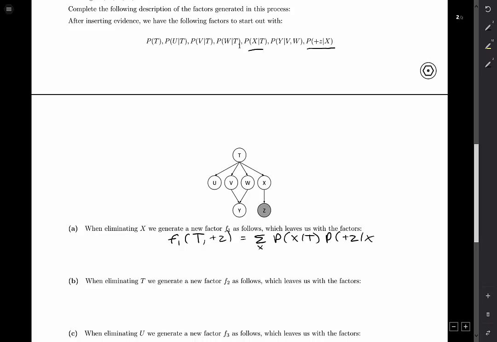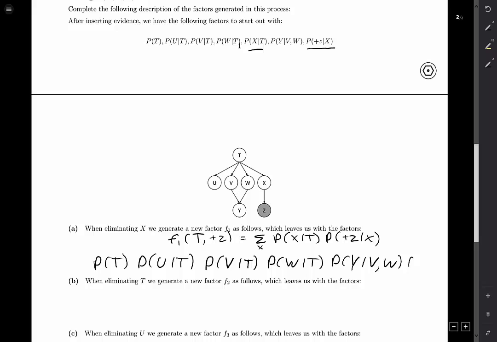And now I need to write the remaining factors, which is everything that's not underlined and my new factor. So probability of t, probability of u given t, probability of v given t, probability of w given t, probability of y given v comma w, and this new factor f1 of t comma plus z.